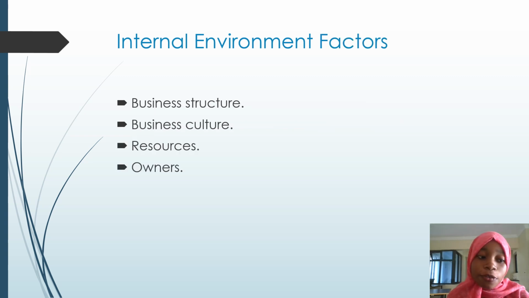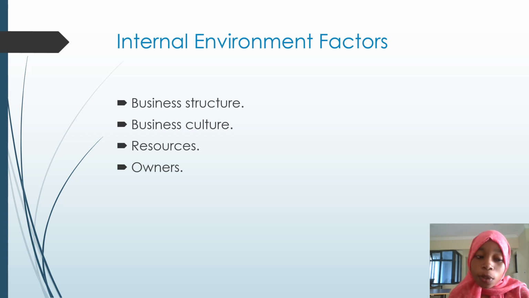Let's take a look at various factors associated with the internal environment. Number 1, business structure. This is the formal arrangement of activities that are carried out at various levels of the organization so that the objectives of the business can be achieved. Business culture, this is the combination of employees' expectations, beliefs, and values within the business.